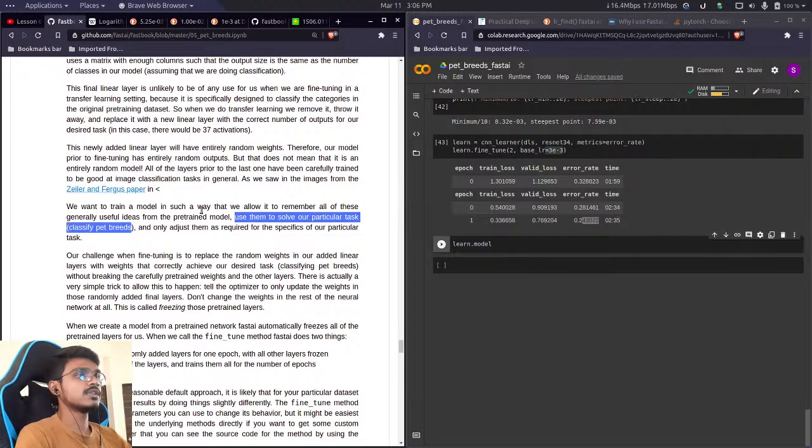They mean features like eyes, nose, gradients, vertical lines, horizontal lines, and all of those generalized features which we can use to classify pet breeds as well, and only adjust them as required for the specifics of a particular task.